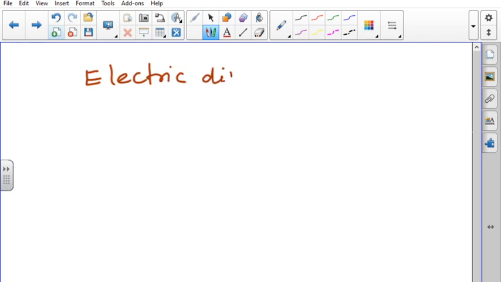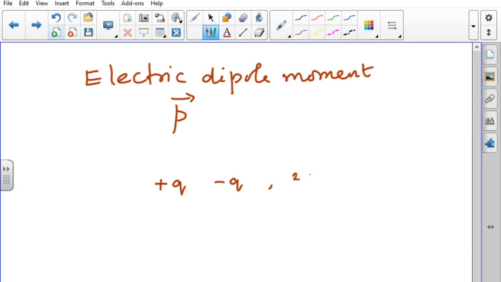Electric dipole moment is represented by the letter P, and it is a vector quantity, so we represent it by P vector. To learn what the electric dipole moment is, we consider plus Q and minus Q, two equal and opposite point charges, separated by a distance 2a. Then how can we define this electric dipole moment?